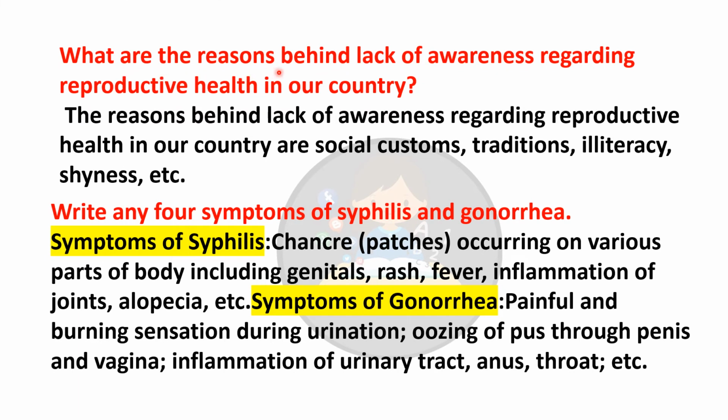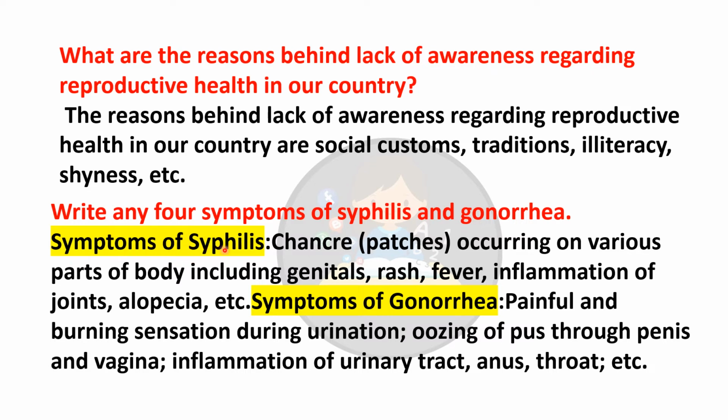What are the reasons behind lack of awareness regarding reproductive health in our country? The reasons are social customs, traditions, illiteracy, shyness, etc. Write any four symptoms of syphilis and gonorrhea.